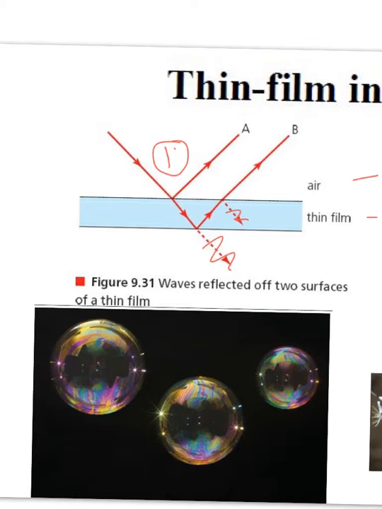If the distance that ray 1 is travelling is some function of the wavelength bigger than the ray that bounced off in the first place, then there'll be constructive or destructive interference.